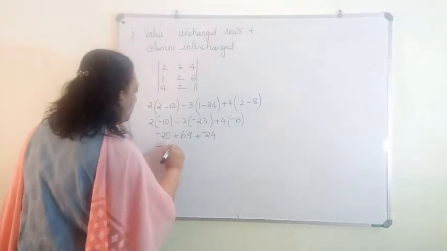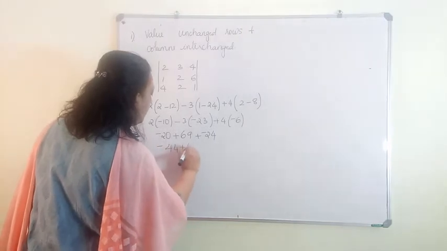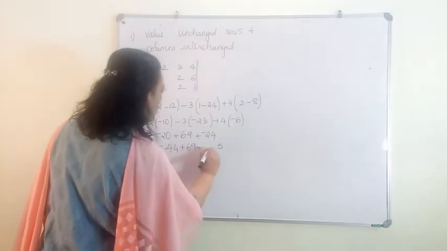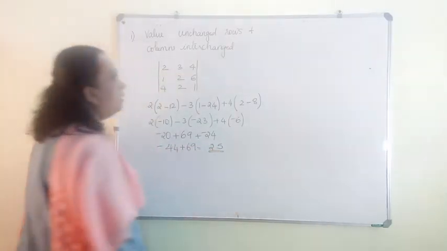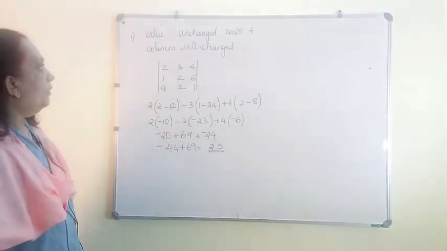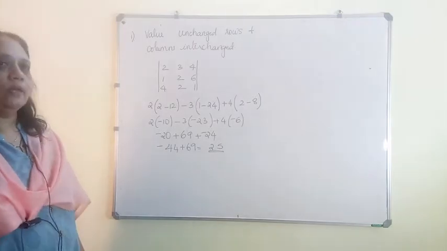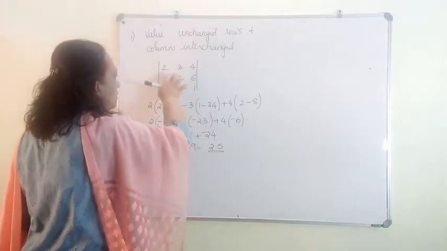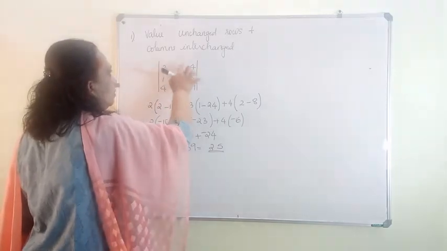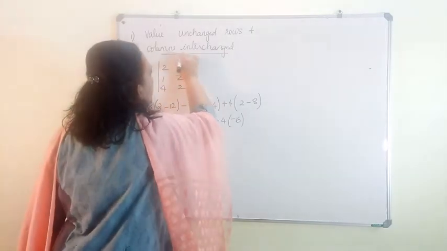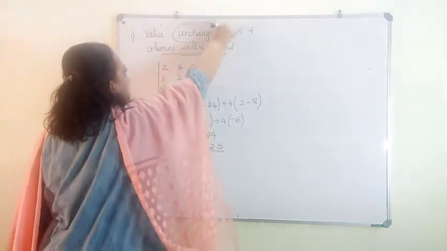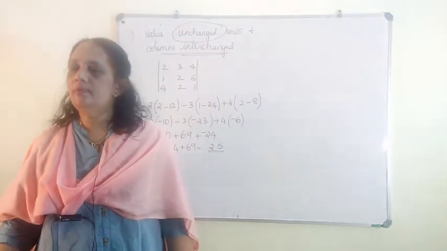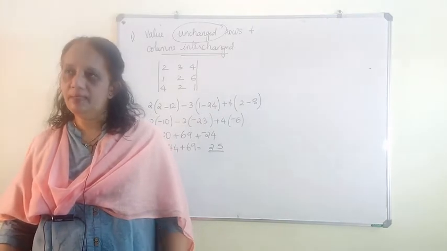That is minus 44 plus 69 is equal to 25. The property says that if you interchange the rows to columns or columns to rows, the value of the determinant remains unchanged. The value will remain as 25 itself.